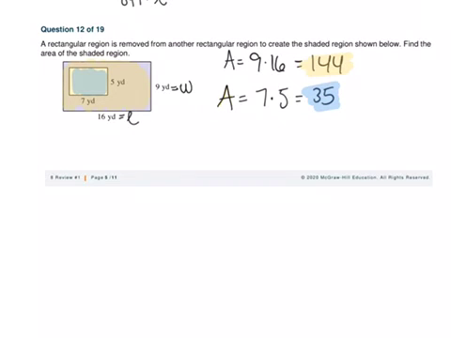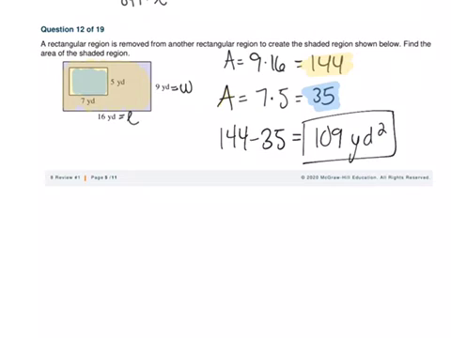And I'm going to just subtract them. So I take 144 and subtract out 35, and I should get 109 yards squared for the area of the shaded region. So in this problem, instead of adding, I had to subtract.